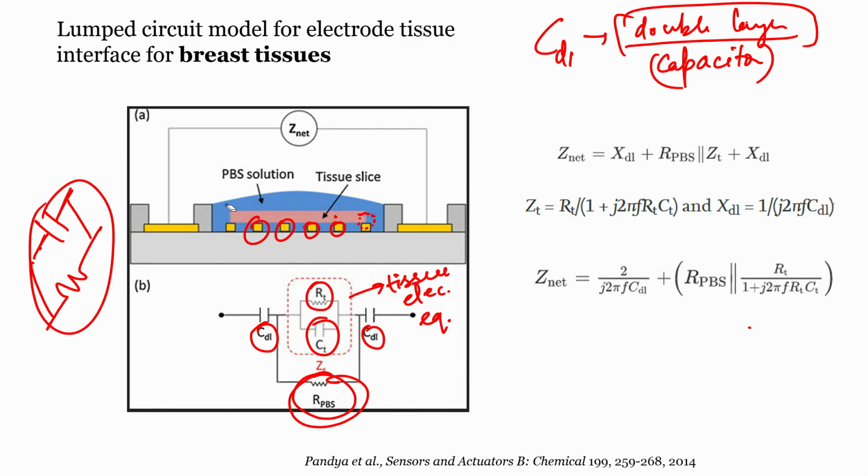I will draw the same here. These two are double layers. Now what is their significance? This provides the information about how much is the impedance between the tissue and the electrode, the contact impedance.